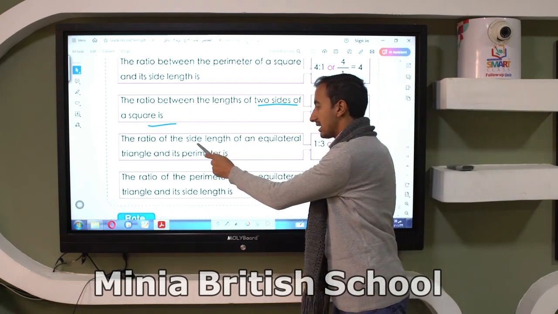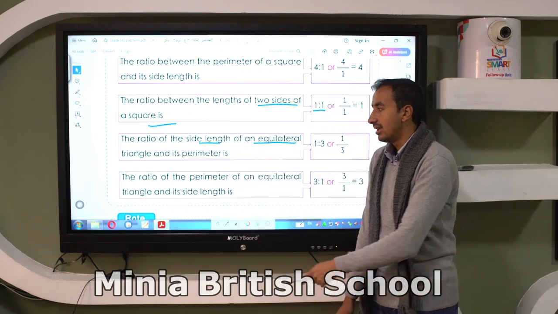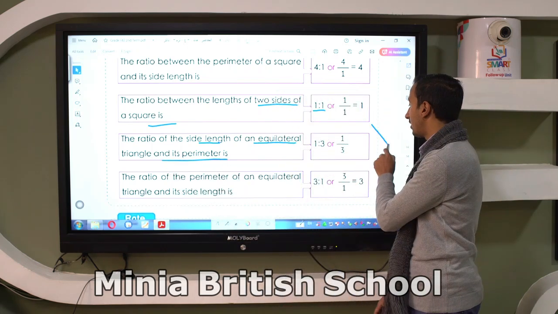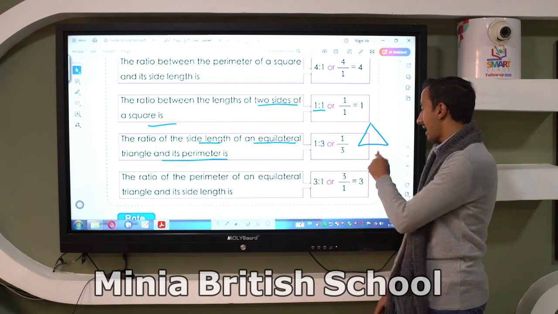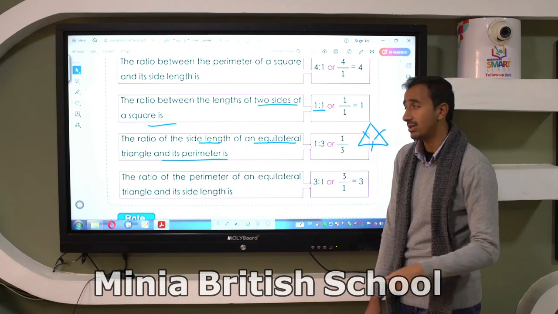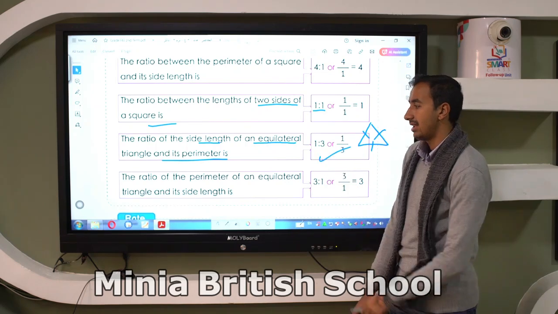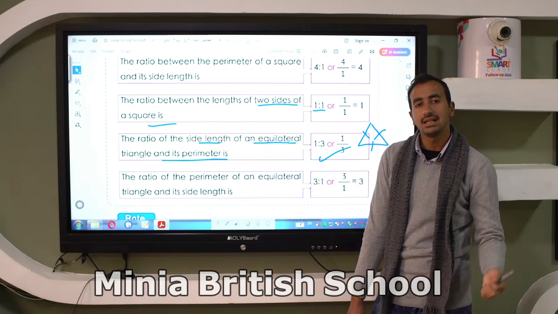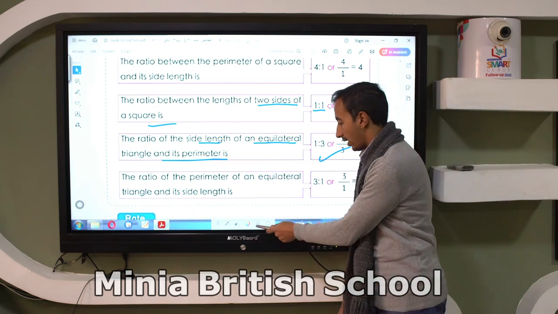Here, the ratio between the side length of an equilateral triangle and its perimeter: an equilateral triangle has 3 equal sides, so the ratio of side length to perimeter is 1 to 3. But the ratio between the perimeter of an equilateral triangle and its side length is the opposite, 3 to 1.